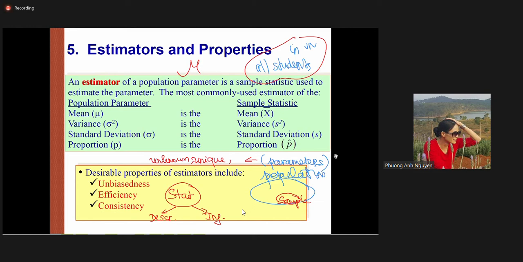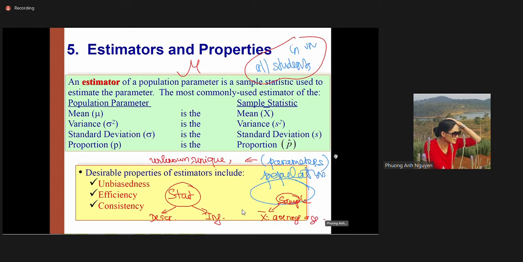Then I determine the corresponding feature of the sample, the average age. It's possible to collect the sample, to ask people in my sample their ages, and I get the average age of all students in my sample.